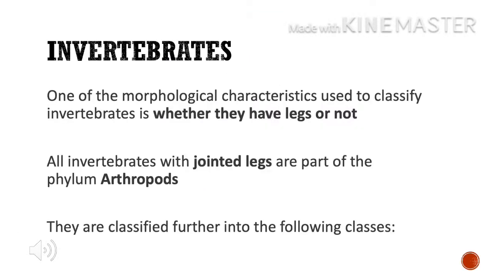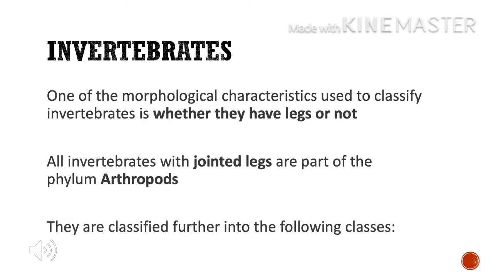Now let's proceed to the invertebrates, the animals that do not have backbones. One of the morphological characteristics used to classify invertebrates is whether they have legs or not. All invertebrates with jointed legs are part of the phylum Arthropods.